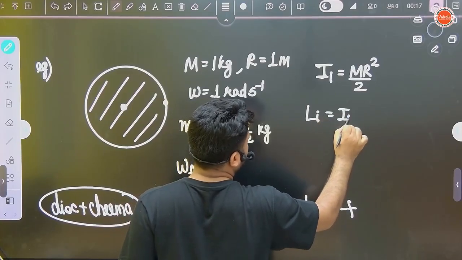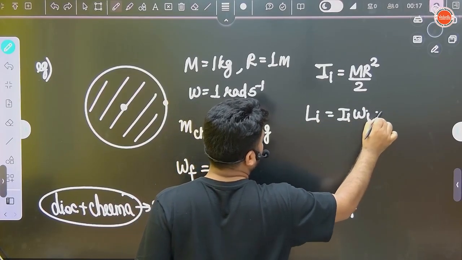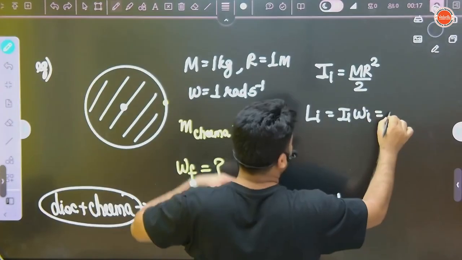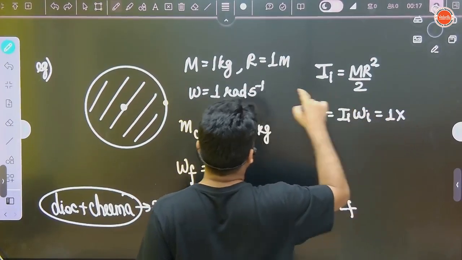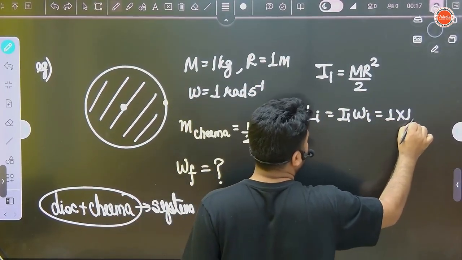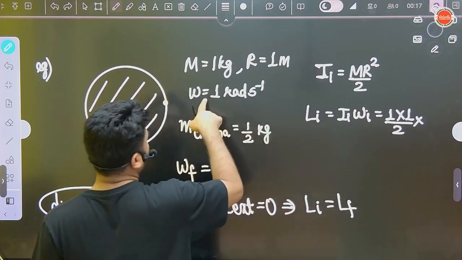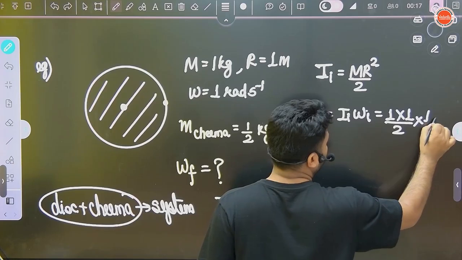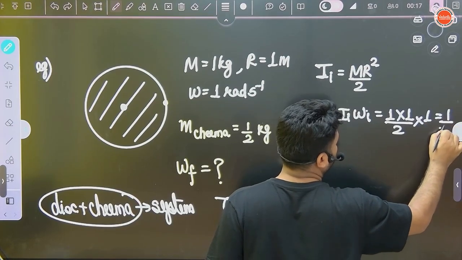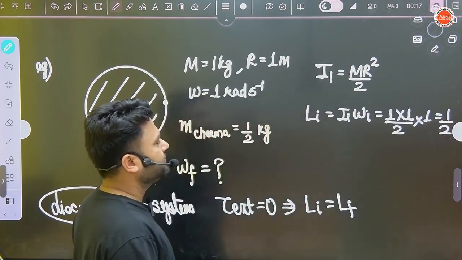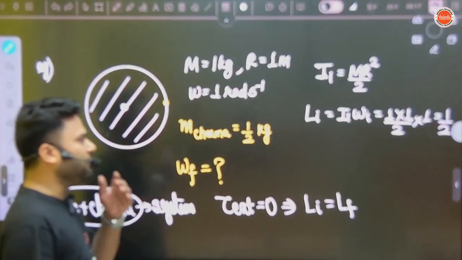So I initial is mass 1 kg, radius 1 square, that is 1 by 2, into initial omega 1. So how much is it coming? 1 by 2. This is the initial angular momentum.